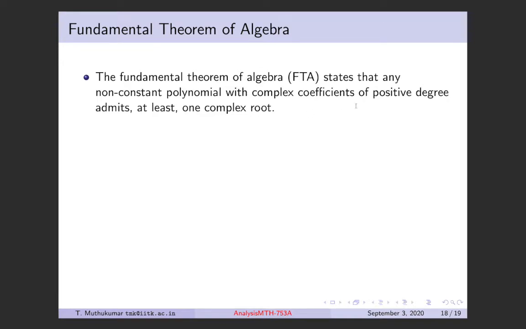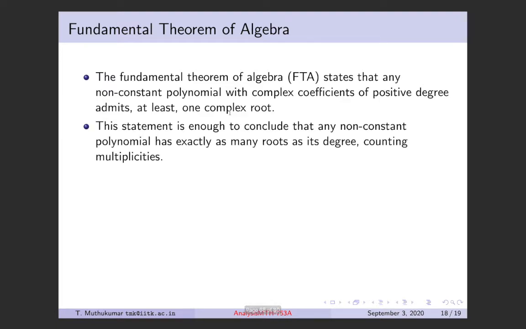We are just saying that any non-constant polynomial of whatever degree, degree bigger than or equal to 1, will admit at least one complex root, right? And this statement is enough to conclude that you have exactly as many roots as the degree. Why?